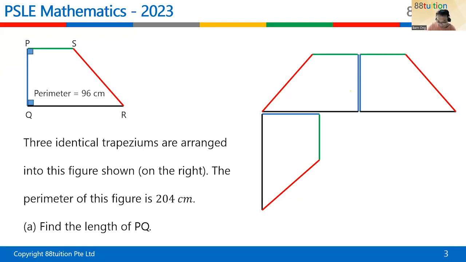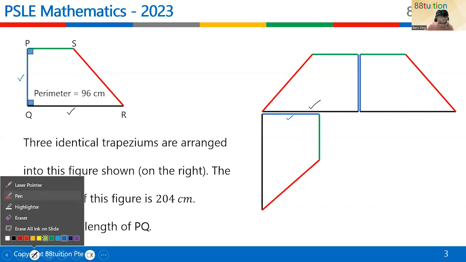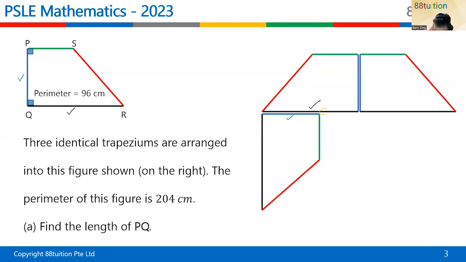Because as you can see, the top portion is actually part of the first trapezium. The super long one is called the black. However, the third trapezium, which is down here, the PQ itself, the dark blue, is actually found down here. So as you can see, this black color is actually made out of the blue plus the orange, or is it yellow?